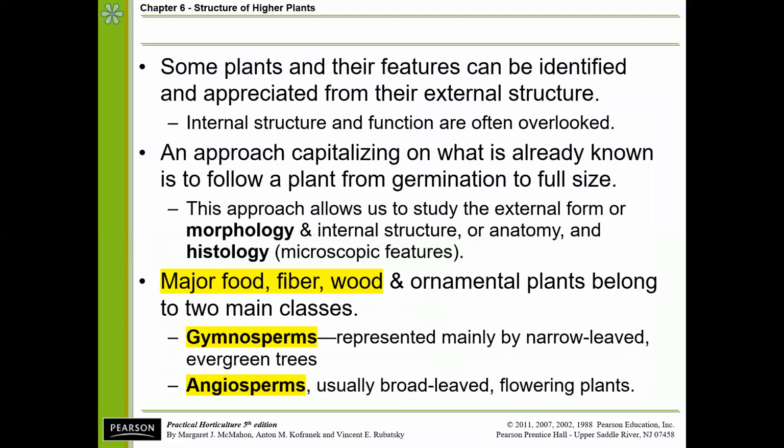So just kind of the first classes, we talk about the phylums or phyla of plants, and pretty much all of our major economic plants, things that we use in agriculture, are mostly in two different phyla.